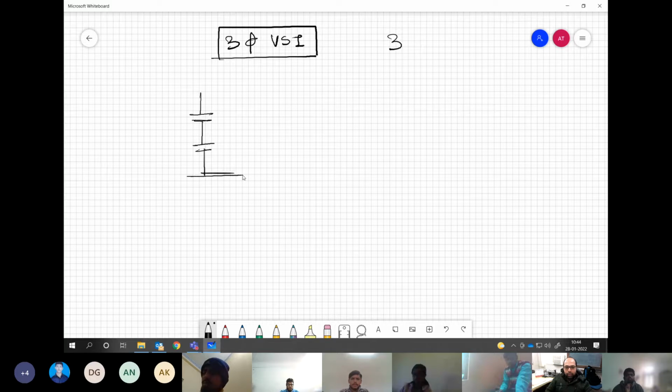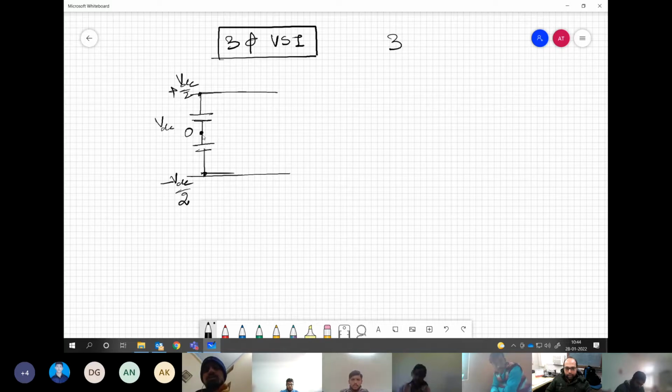What that means is you create a fictitious point at the input. Say this is O and the total voltage is VDC. So with respect to this point O, the positive DC bus is plus VDC by 2 and the negative DC bus is minus VDC by 2.